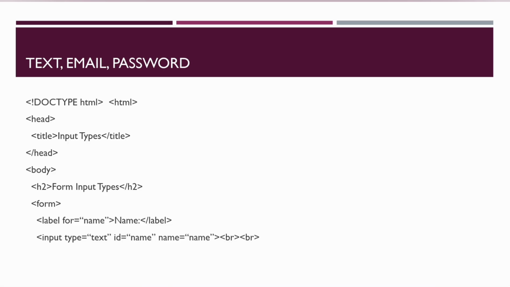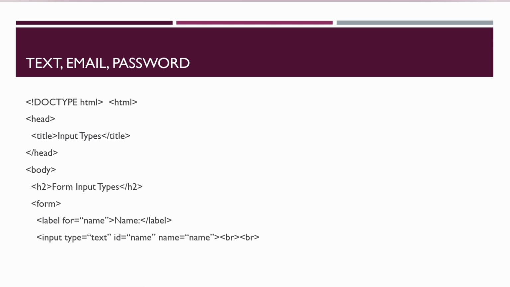Yeah, text, email, password. Starts with doc type, HTML, head. Inside the title I write input type, and I close the title, then I close the head, then I open the body. Here I took H2 for form input types, then I open the form. Inside the form I use a label for name.